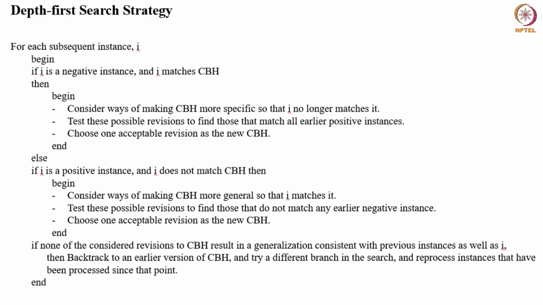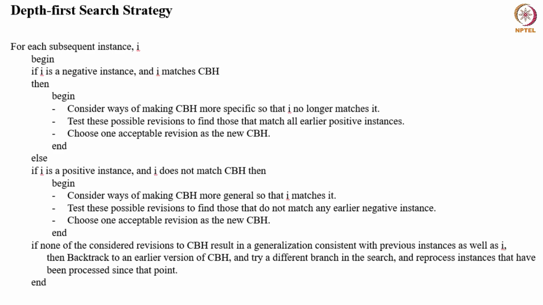One part that handles the negative case, and as I already said, when we encounter a new negative instance in this process of revising the currently best hypothesis, we need to constrain the CBH so that it does not cover that new negative instance.